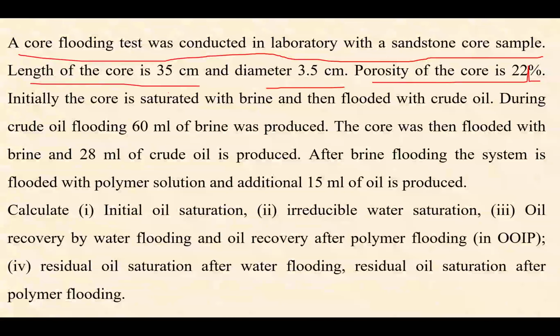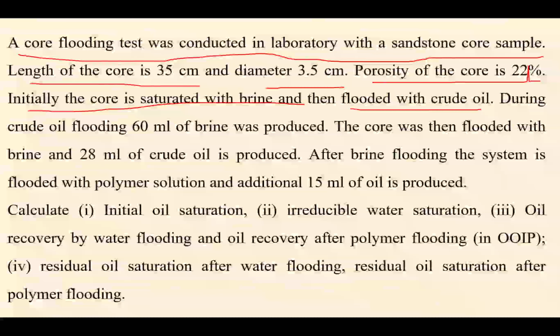Now, for this flooding, initially the core was saturated with the brine and then flooded with the crude oil. The core is first saturated with the brine, and then you can further inject the brine to measure the absolute permeability.